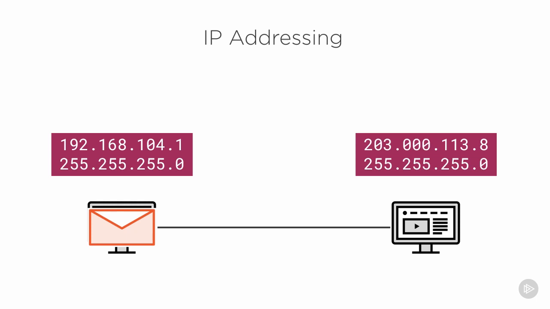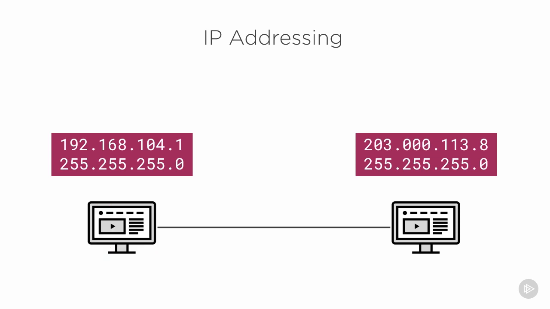When I try to send that message, what we'll find out is that since these devices are on different networks, my workstation on the left won't even send the message because it has no place to send it to. So it's going to throw that message away before we even get it over to our destination.